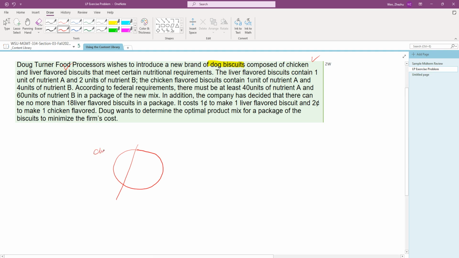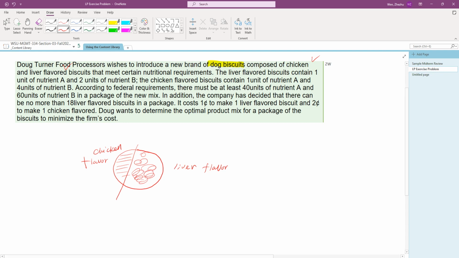I don't have any pet, so I'm not really sure how much animals like liver flavored. So you have two types of flavor: this part will be the chicken flavor, and this part will be your liver flavor. Two together form a dog biscuit package.